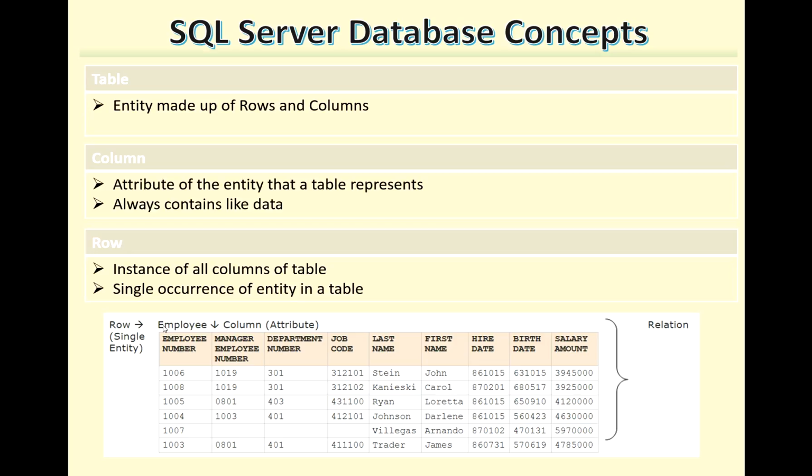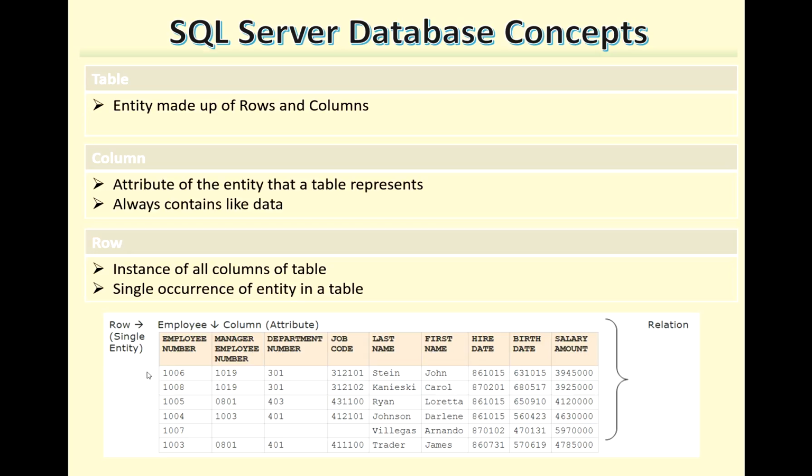So the table is basically an entity that consists of columns and rows, and a column is an attribute of the table. Attribute is nothing but it gives the properties of that entity. So employee number is one attribute or one property of employee. Manager number is one attribute or property of employee, right? Job code, last name, first name, these are all attributes or properties of an employee.